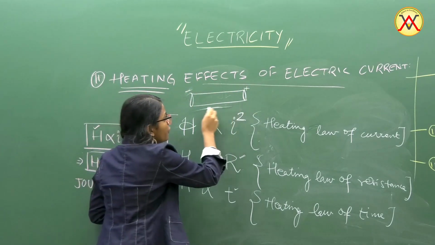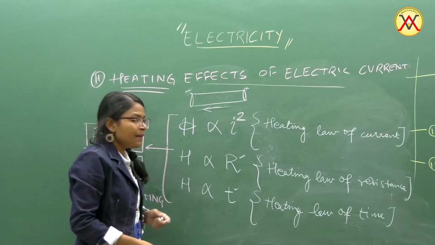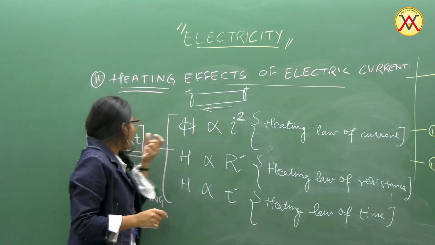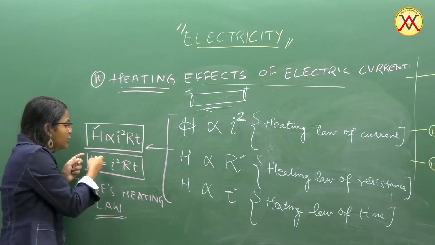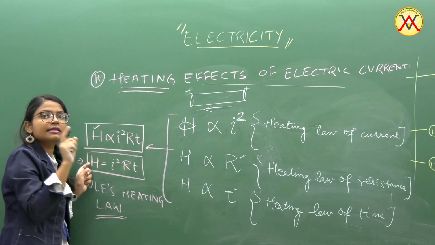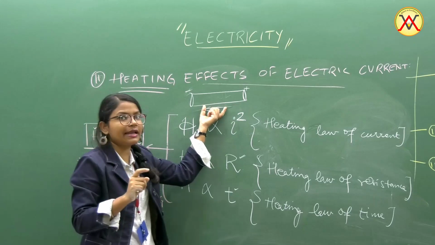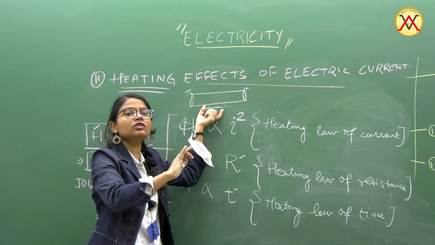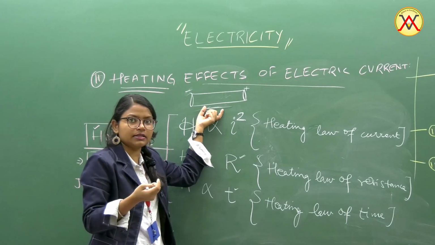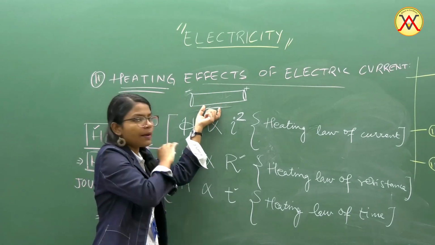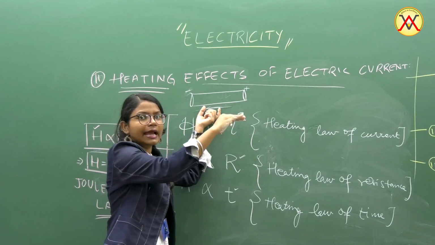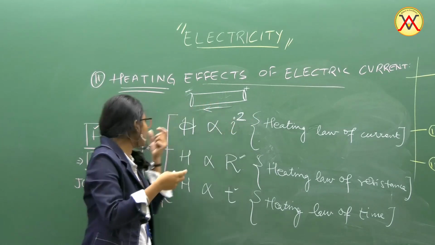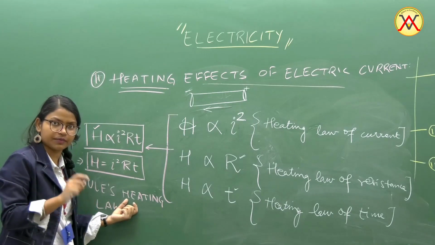So current would be flowing in this direction, but resistance and time are remaining constant, right? So our heating effect or the heat so produced does not depend on the polarity. It only depends upon the amount of current flowing through any conductor. It doesn't bother about whether the current is flowing rightwards or leftwards. For both the cases, it will be showing our heating effect.